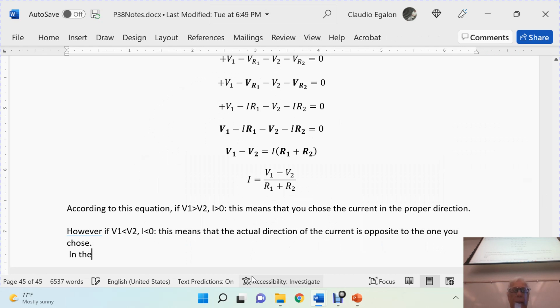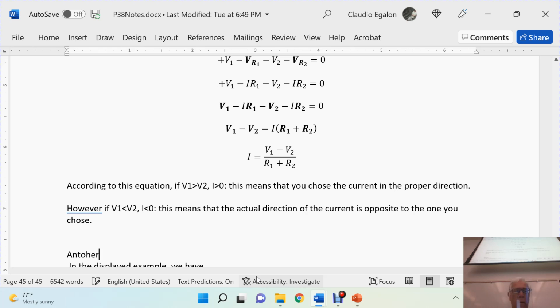In the displayed example, okay, another example, right? 3 loops and 2 nodes, okay?